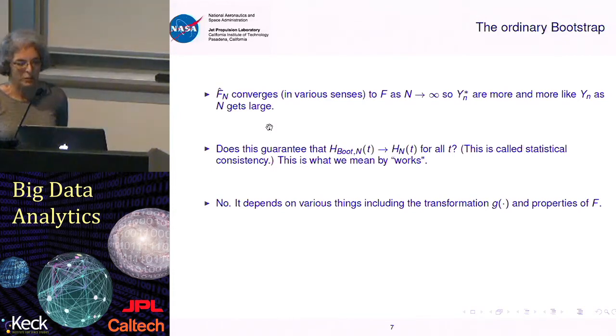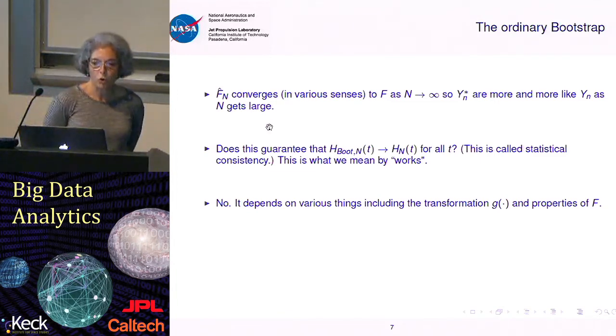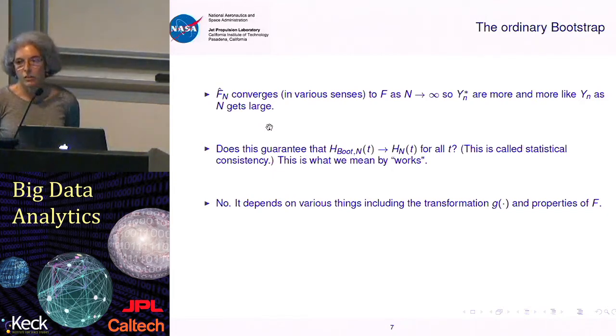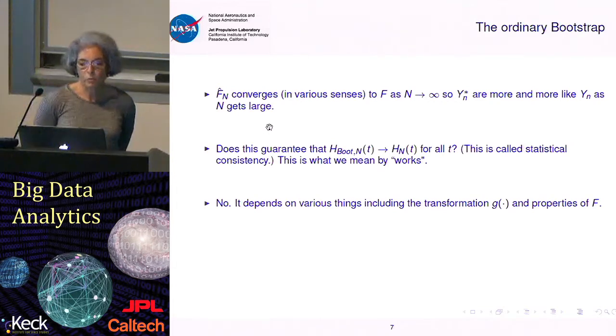That sounds like a contradiction, but when we say the bootstrap or any of these methods work, and for that matter the central limit theorem, we mean they work because they converge to the right thing as n gets large. We haven't said how large n needs to be. So we need to keep in mind that if we do an experiment with a finite n, we have to worry a little bit about how big that n is and whether it's big enough.